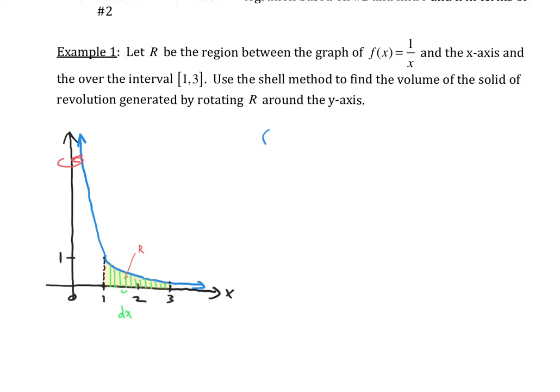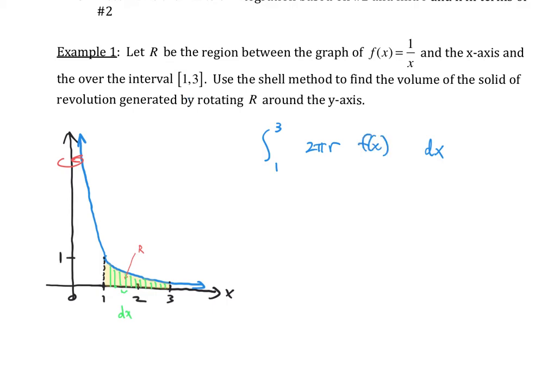My integral is going to be a dx integral because that little bit of thickness lies on the x-axis right here. And the smallest my x can be is 1, and the largest my x can be is 3. And then the circumference of my shell is going to be 2 pi r, and the height of my shell is going to be f of x.